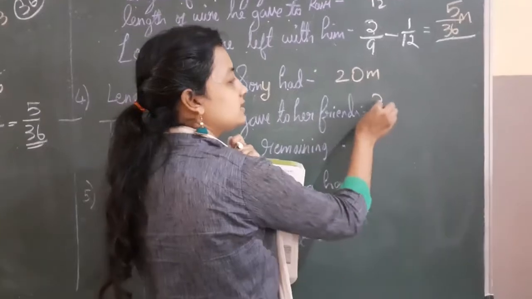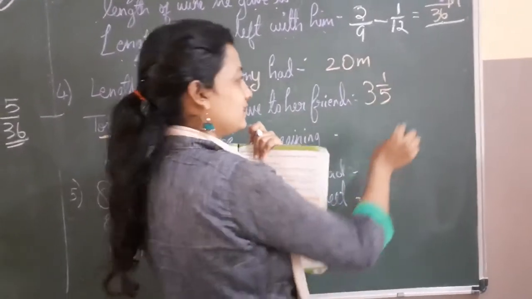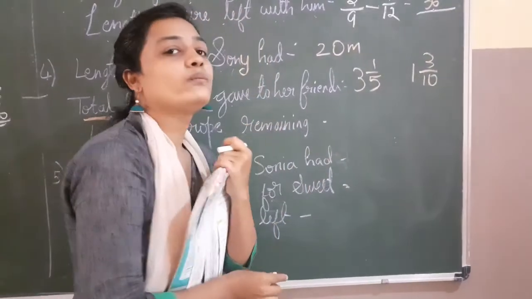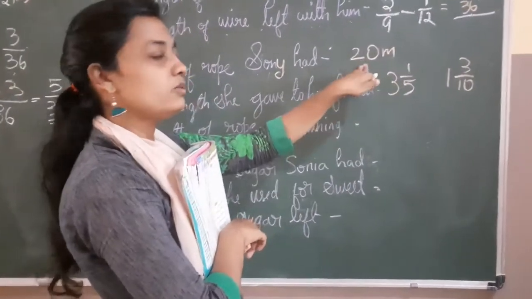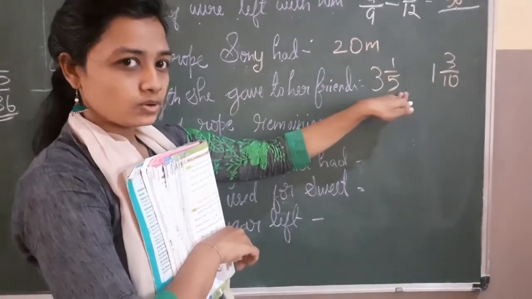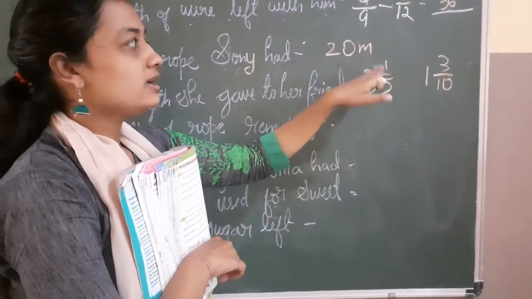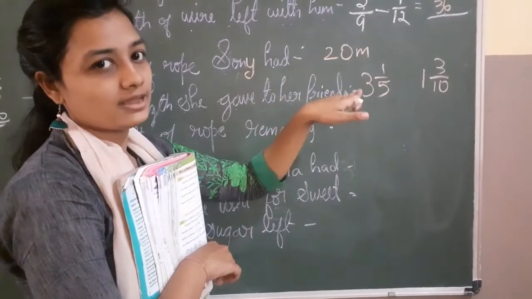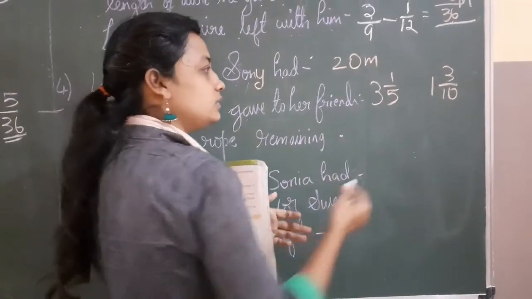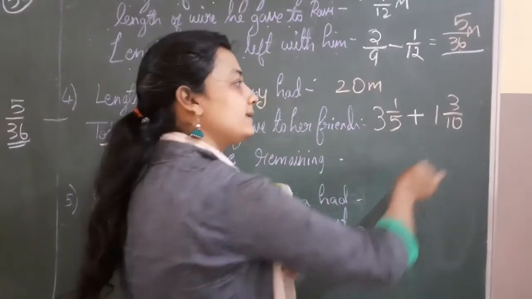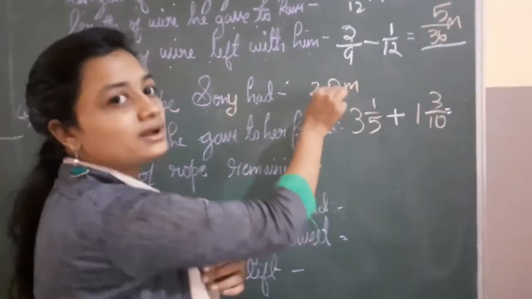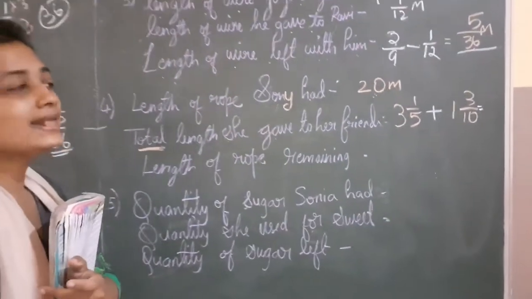One was 3 1 by 5 and one was 1 3 by 10. When I want to subtract from 20, I have to add these, get my total, and that answer I should subtract from 20, because she gave away both the ropes. So I'll add them first, get my answer, and then I'll subtract it from 20. So, first let's add them.